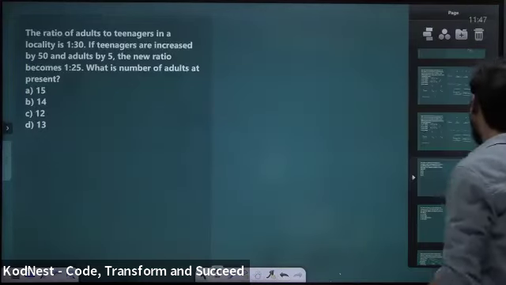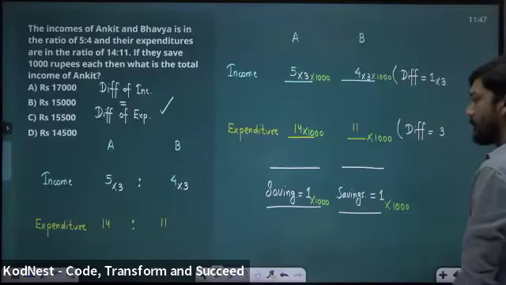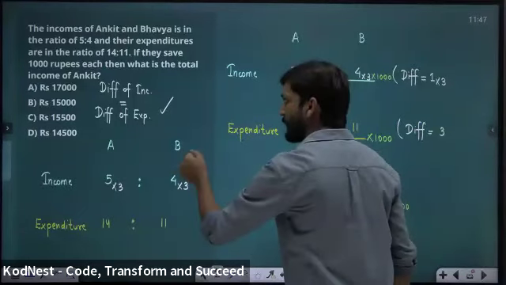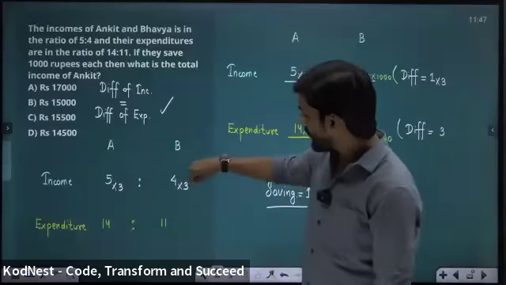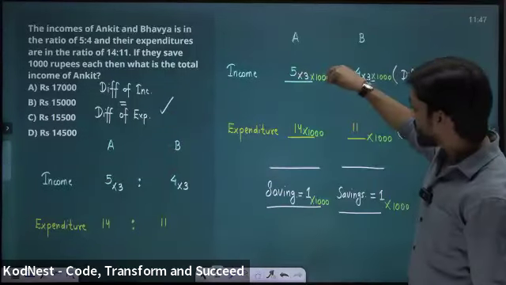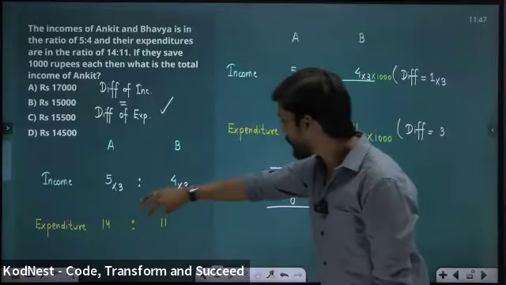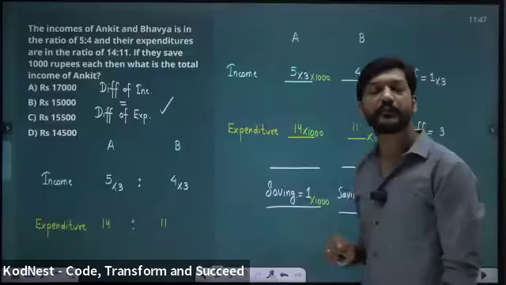Please carefully see. In that earlier question, 5:4, I modified the ratio depending on the condition. Then I took the values from this ratio also. The difference was the same.